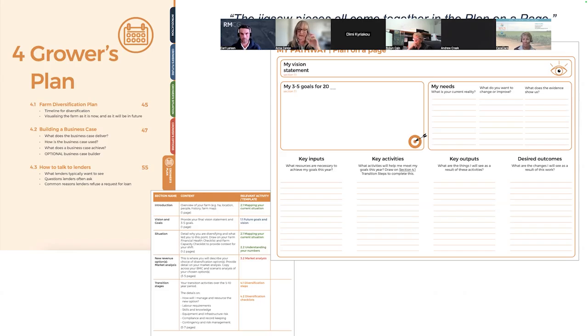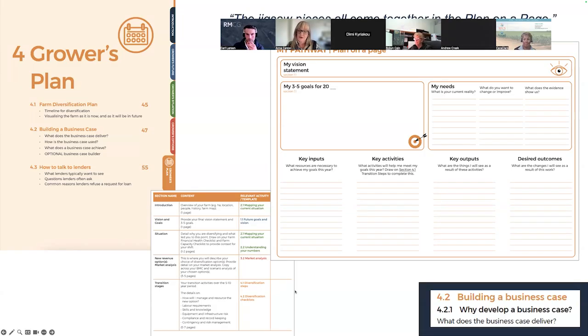And then suddenly, after about 10 minutes, the grower said, oh, it's like a jigsaw. All the pieces come together in this plan on a page at the end. So the point being that all the work that you've done with the wine grape grower in the month or 2 preceding the planning, month or 3 preceding the planning, clicks together into the diversification plan or the pathway to a new farm business.